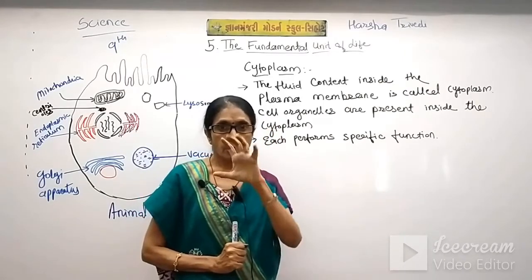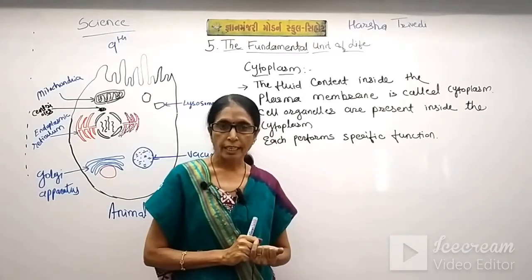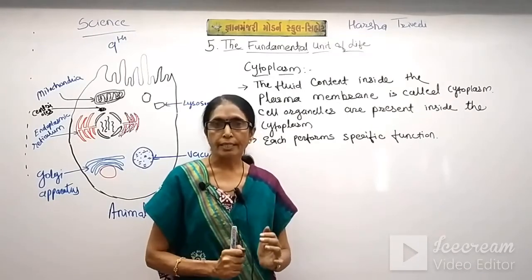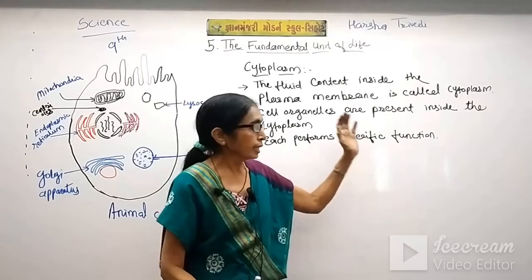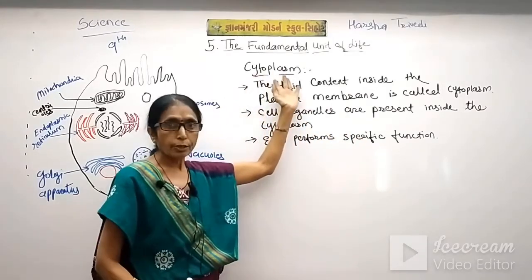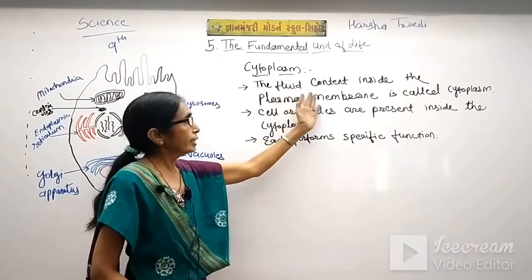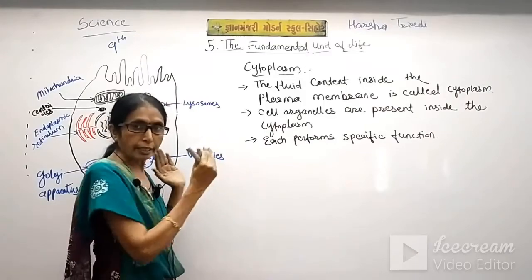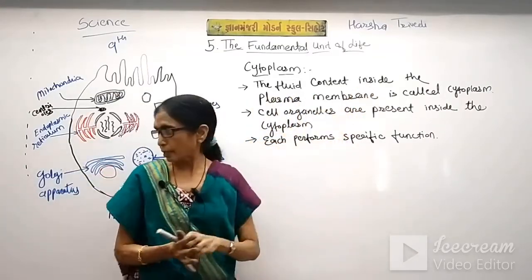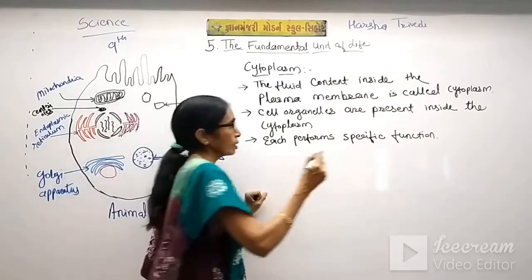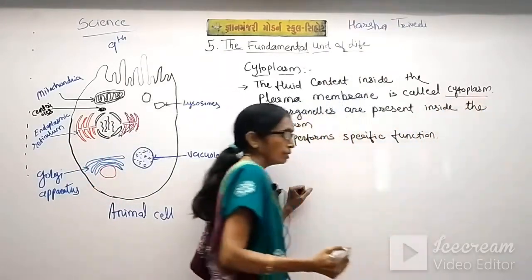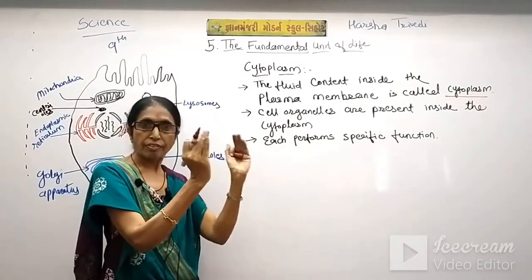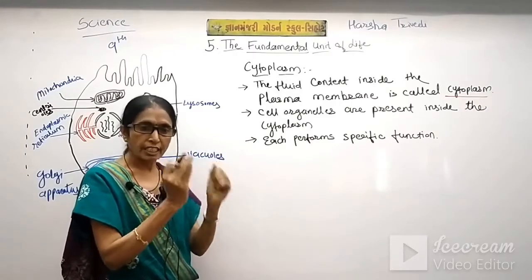So cytoplasm is a fluid which is inside the cell, and all the cell organelles are present in the cytoplasm. What is cytoplasm? The fluid contained inside the plasma membrane. Whatever is inside the plasma membrane is called cytoplasm. It has a specific space in which it is present.